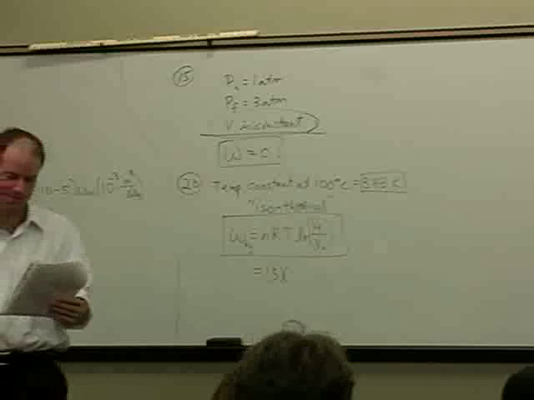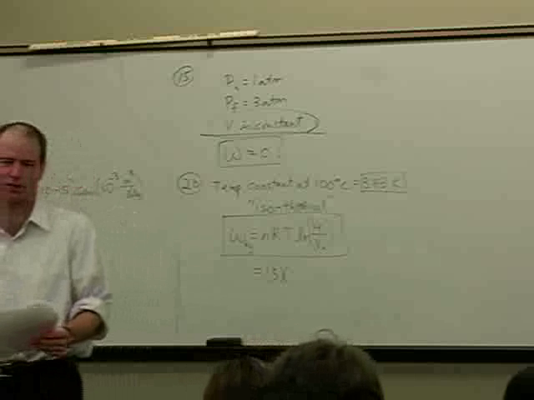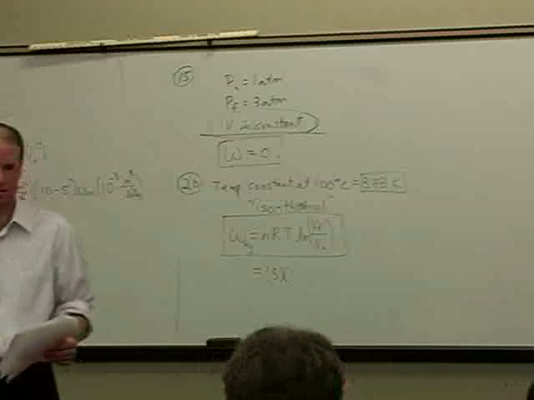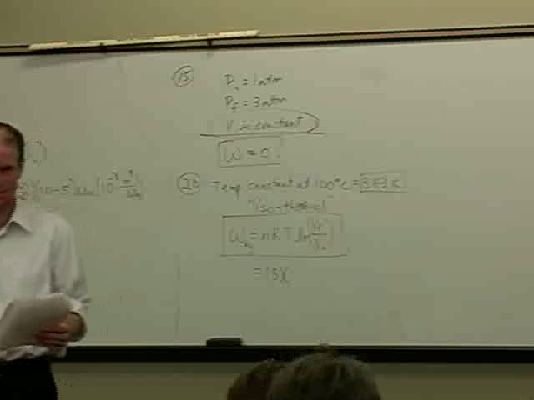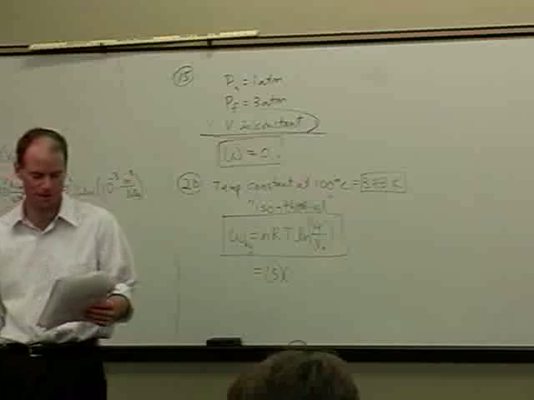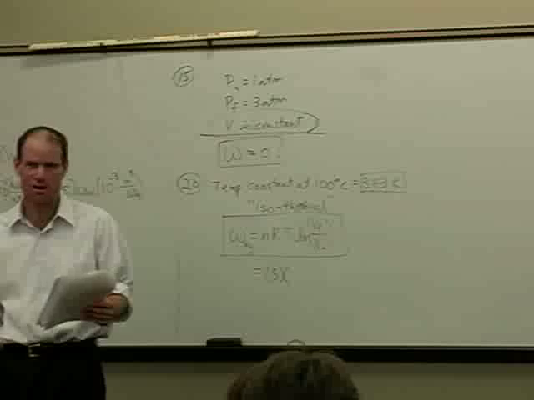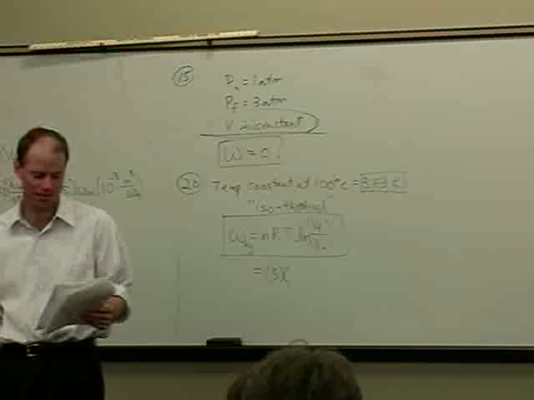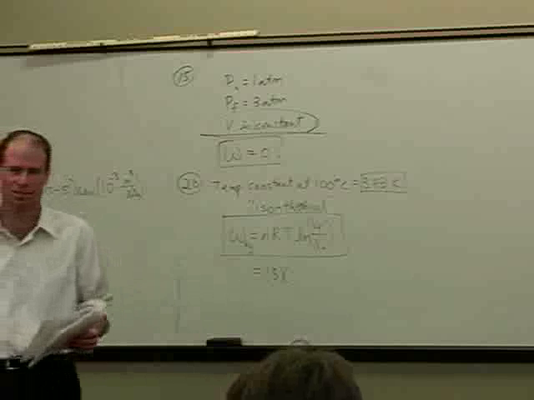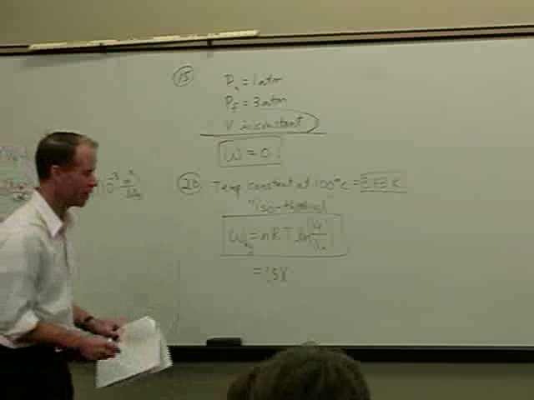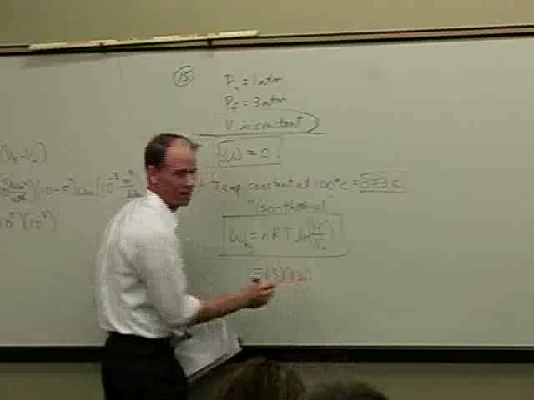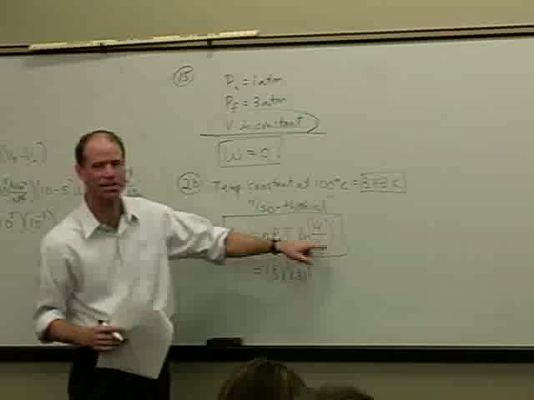This is tricky because usually you'd use 0.0821 if you're dealing with atmospheres and liters. And they gave us the volume in liters, correct? They didn't give us the pressure. But it's a little tricky because the answer is in joules, not atmosphere liters. So we want to use the 8.31 because the liters are going to cancel out here.